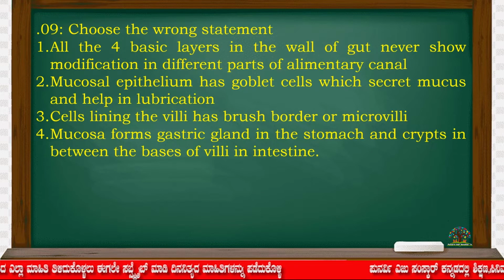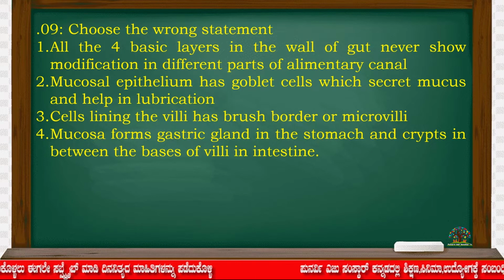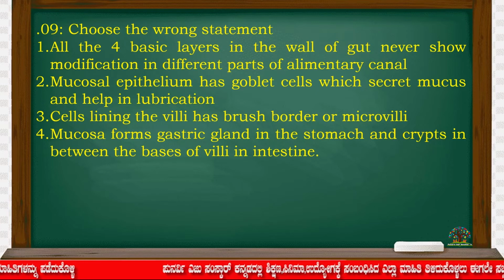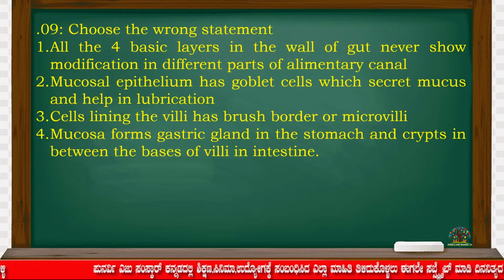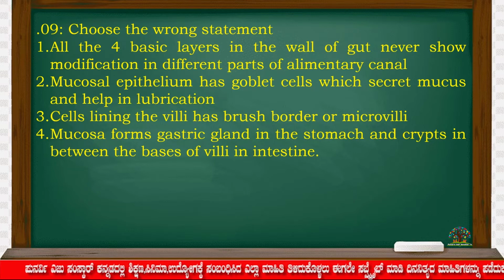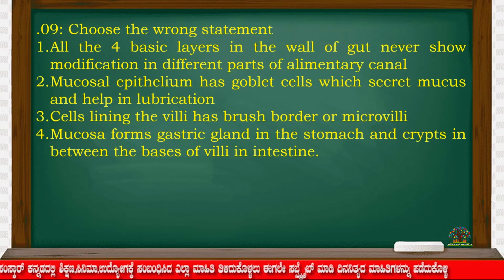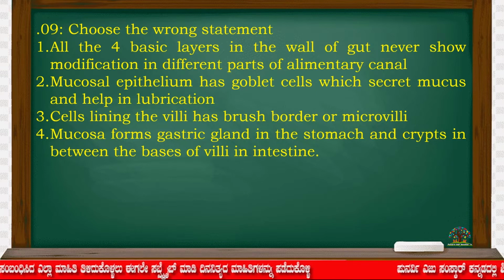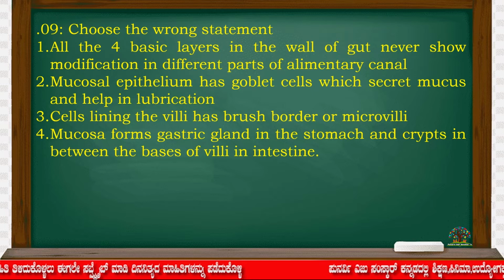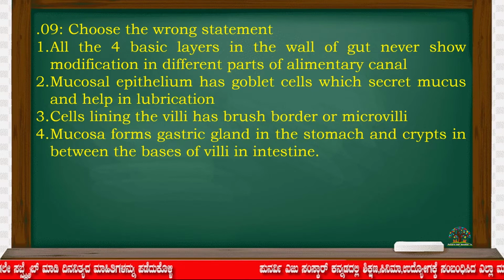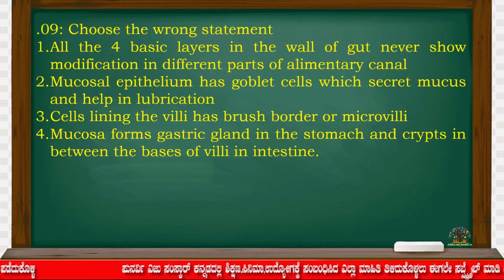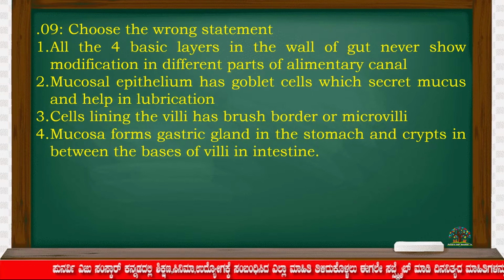Question number 9. Choose the wrong statement. First statement, all the 4 basic layers in the wall of the gut never show modification in different parts of alimentary canal. Option number 2, mucosal epithelium has goblet cells which secrete mucus and help in lubrication. Option number 3, cells lining the villi have brush border or microvilli.